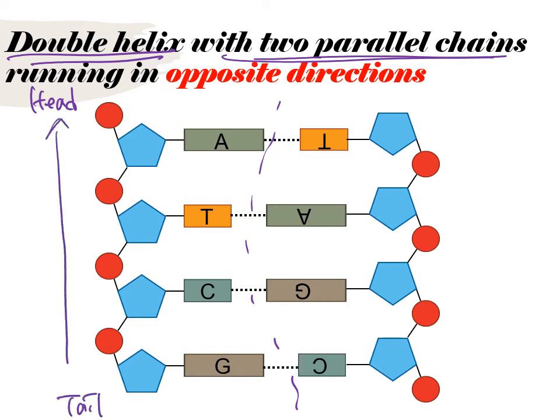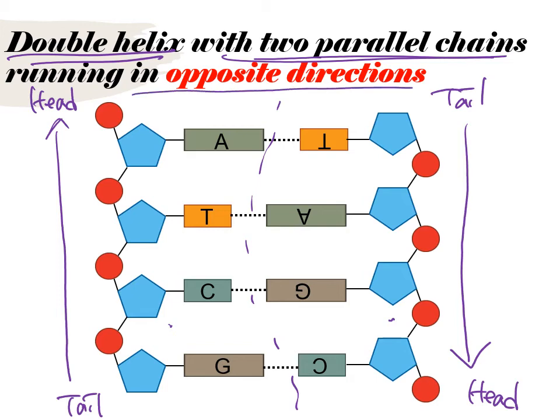And for the chain on the right-hand side, this part is the head and this part is the tail. What do you see here? You see that these two chains, the left and the right, actually have opposite running directions. So we will say that they are running in opposite directions.